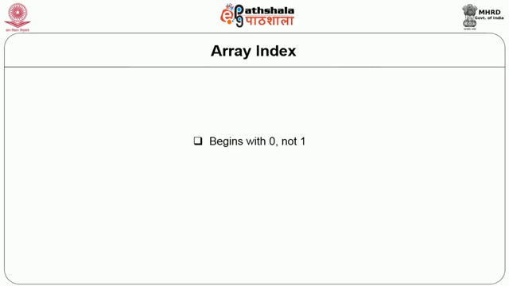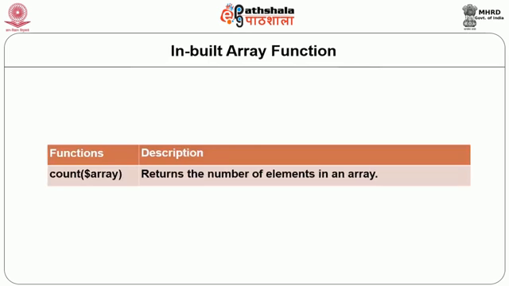So the maximum index is 1 less than the total count. If you store 10 values, the maximum index is 9, because it begins from 0. To count the number of elements in an array, you can use the count function, whose general syntax is count with the parameter $arrayname.